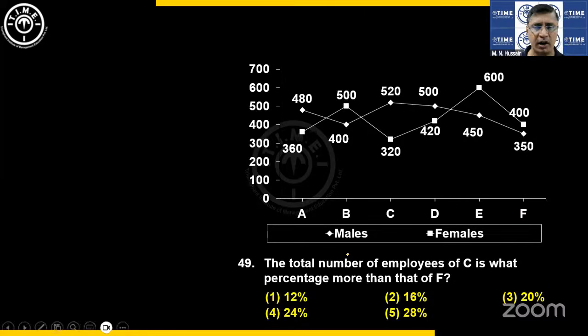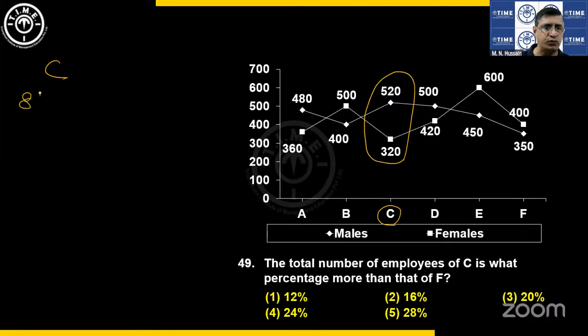Now look at the next example on your screen. The total number of employees of C is what percentage more than that of F? So what is the total number of employees of C? 520 and 320. The value is 840. And what about F? Total number of employees of F: 400 plus 350, that is 750.